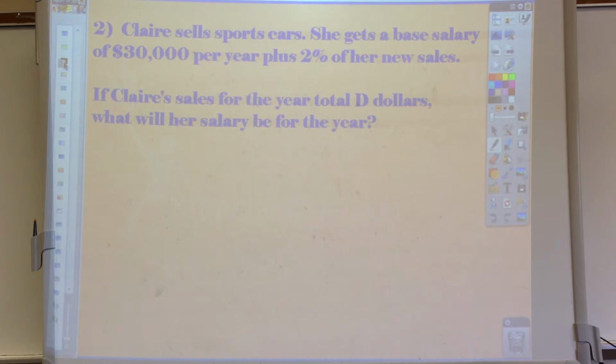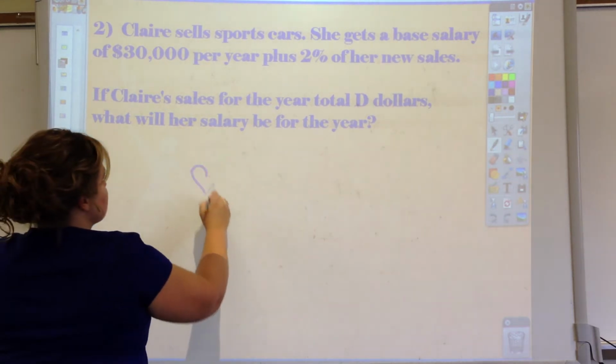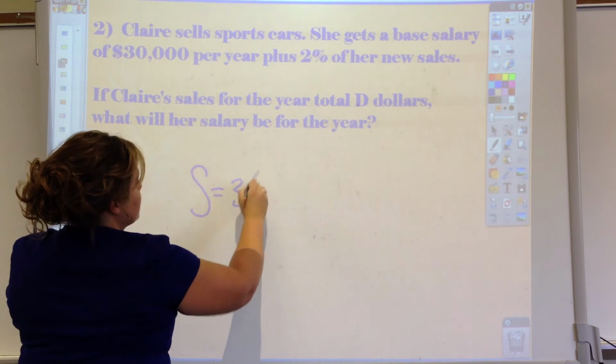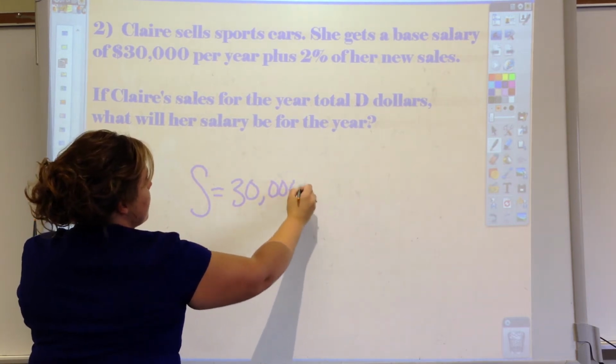If Claire sells a sports car, she gets a base salary of $30,000 per year, plus 2% of her new sales. If her sales for the year total D dollars, what will her salary for the year be? Let's see. For her salary, she is going to start off with $30,000. She gets that automatically.